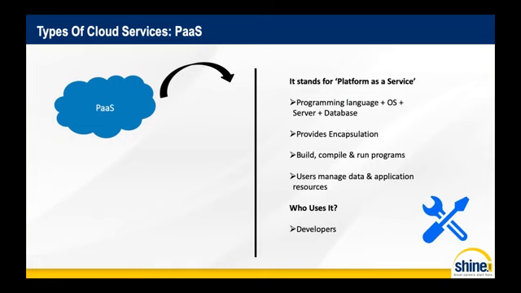When I say programming language, it's about the developer track that you're going to use. For the operating system, it might be Windows or Linux, but you don't have the option to choose which version of Windows or Linux you're going to use. It's going to be the advanced version that they have by default. It might be Windows Server 2019, or a Linux server with Ubuntu 16 or something, right?